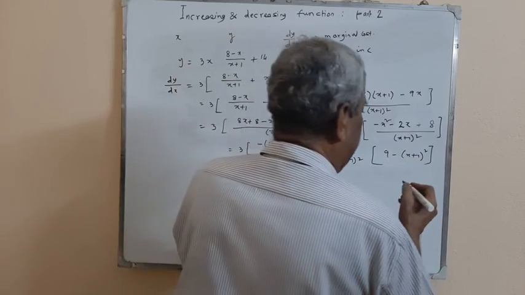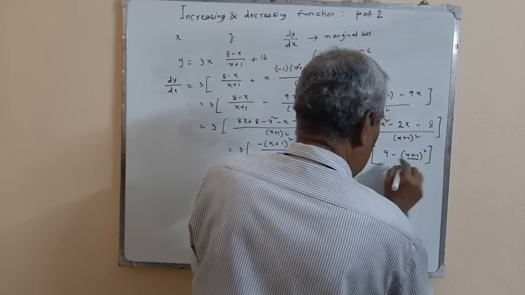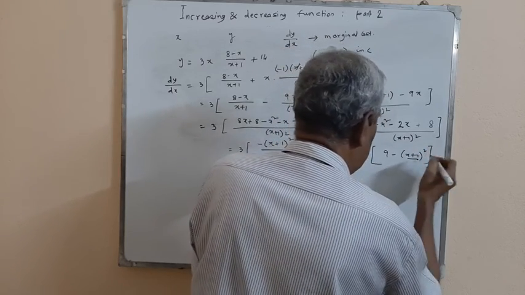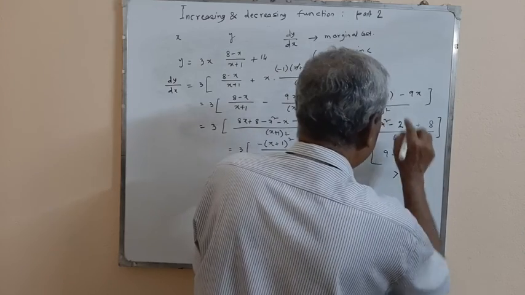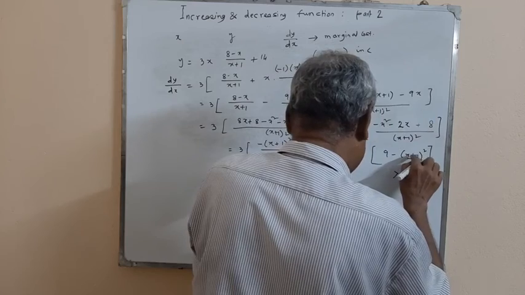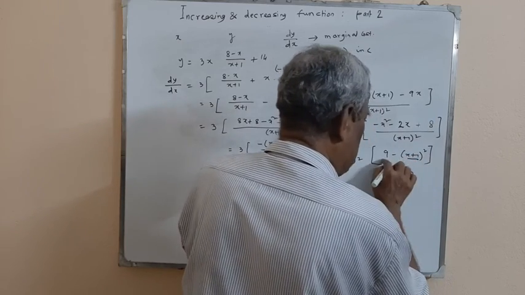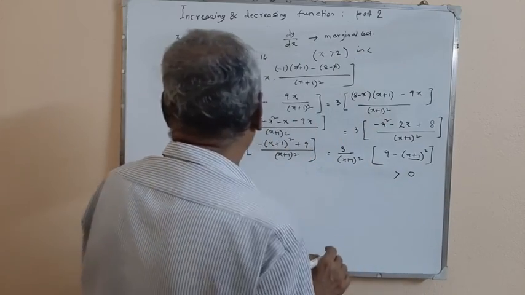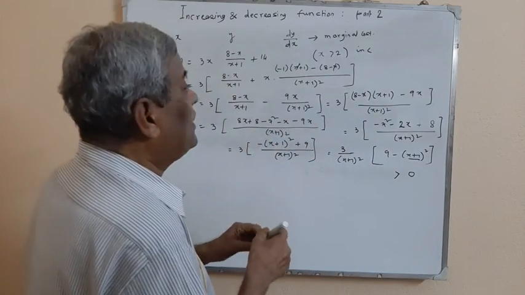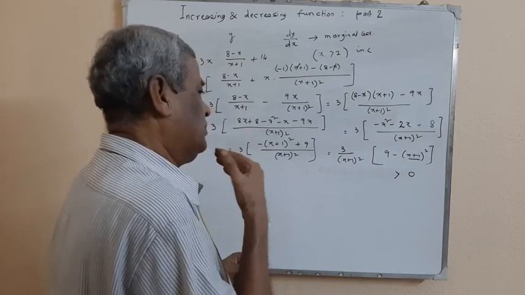So for x greater than 2, this is positive, and then this is also positive. So dy/dx, that is marginal cost, is positive.